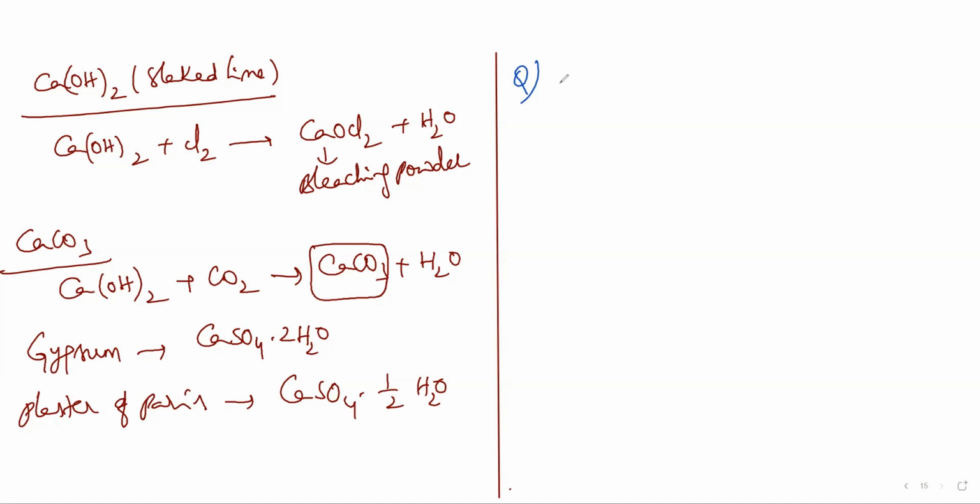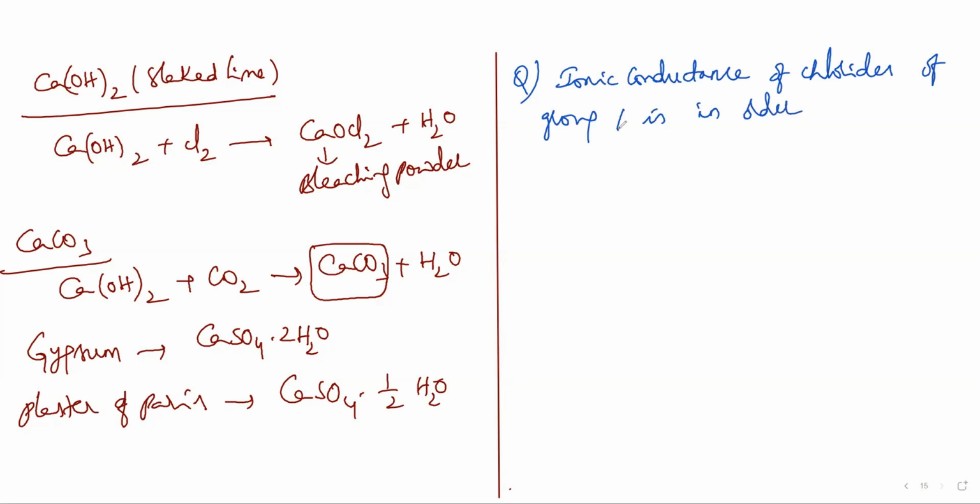Ionic conductance of chlorides of group 1 is in order. What is that order? So these are the options given. First option, LiCl is less than NaCl is less than KCl. Second option, LiCl.